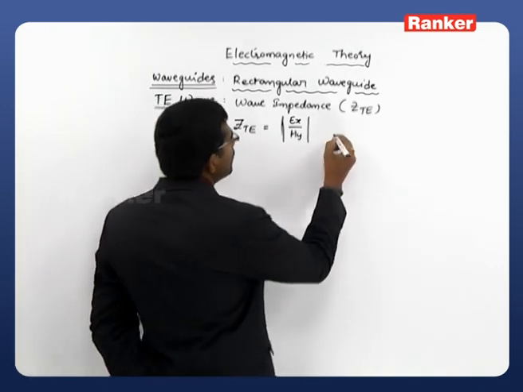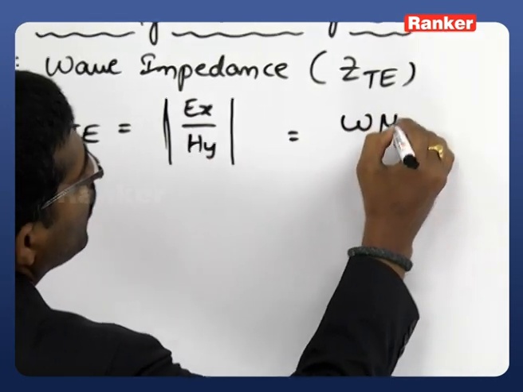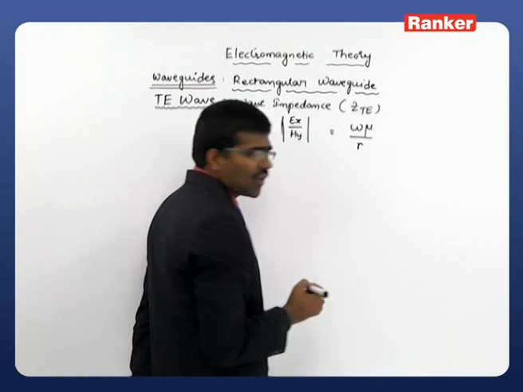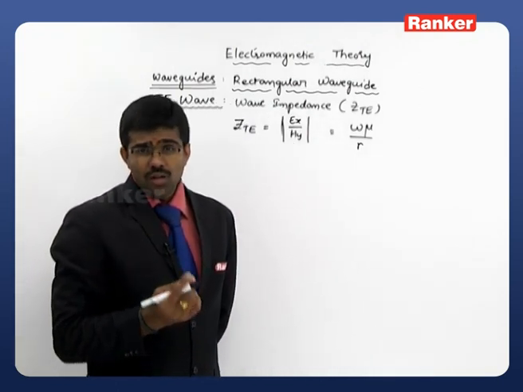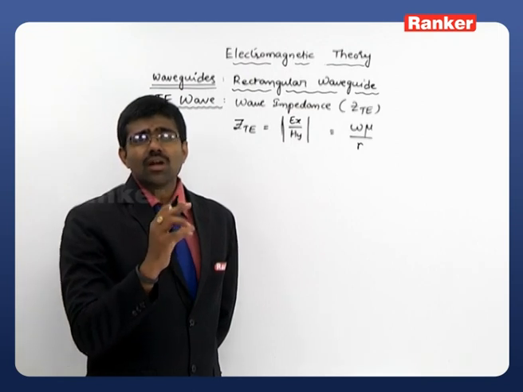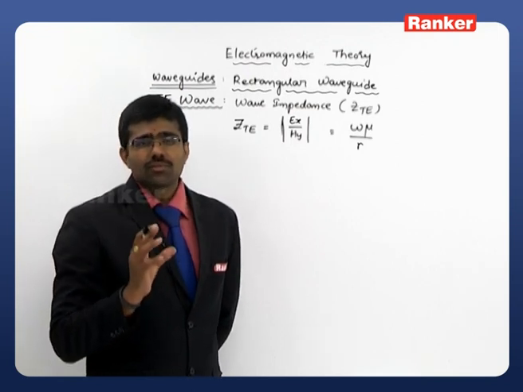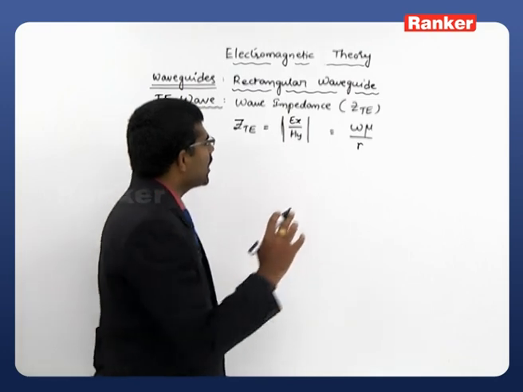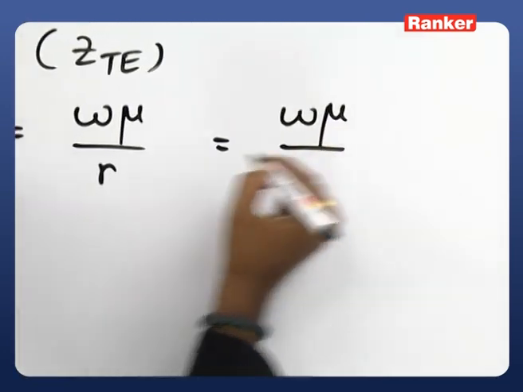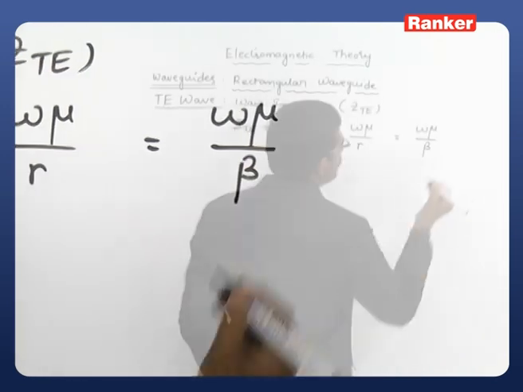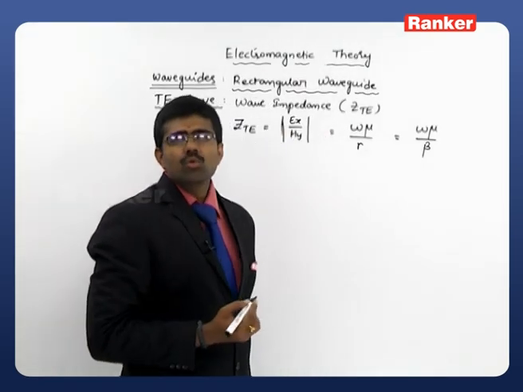what we will get is omega mu divided by gamma. After substituting these equations, what we will get is omega mu by gamma. Now what I assume is that this wave has zero attenuation. For our simplification analysis, I will assume that alpha is equal to 0, which corresponds to omega mu by, as I am considering only magnitude, this will become beta, omega mu by beta.